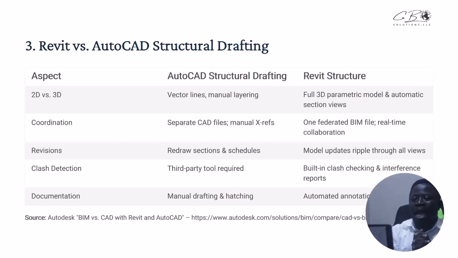Now, comparing 2D and 3D, we know Revit Structure is superior. Comparing coordination, where we make sure there are no clashes at the design stage, Revit is also getting it. Now, when it comes to revision, when there are changes to be done, you won't be a happy person if you are using CAD.